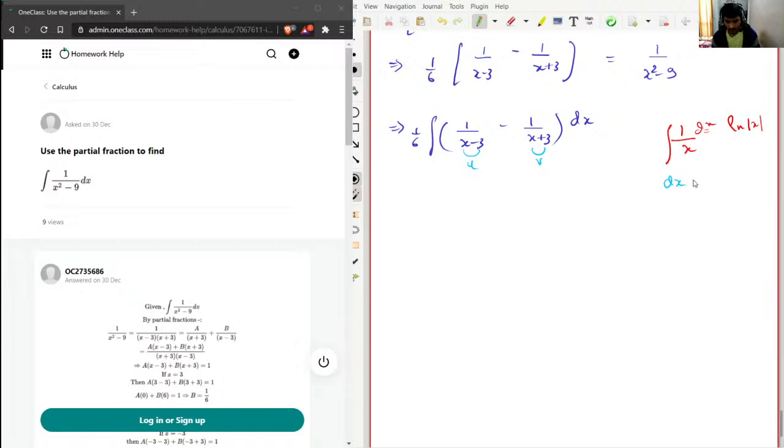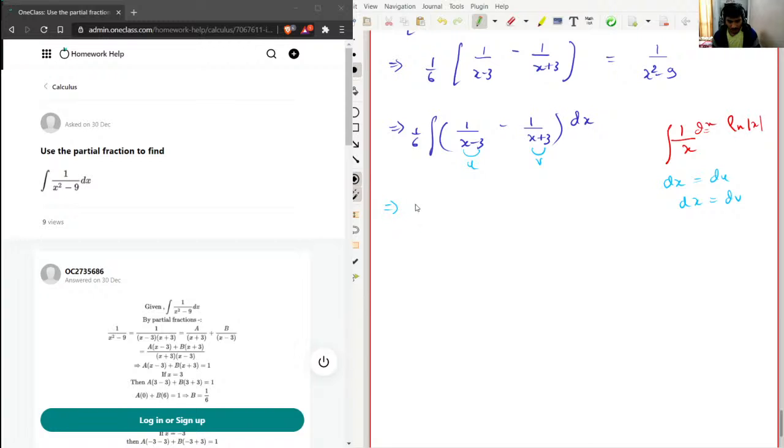Then dx will be du and dx will be again dv here. If we take the differentiation of x minus 3, the differentiation of a constant is 0, so dx will be du and dx will be dv also.